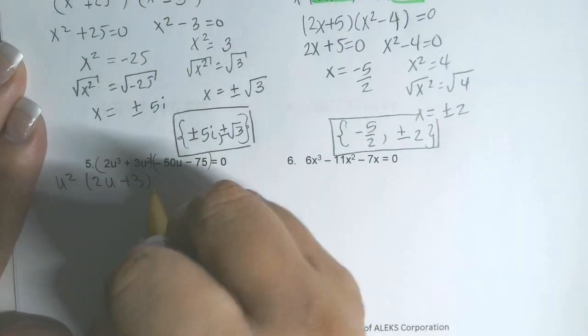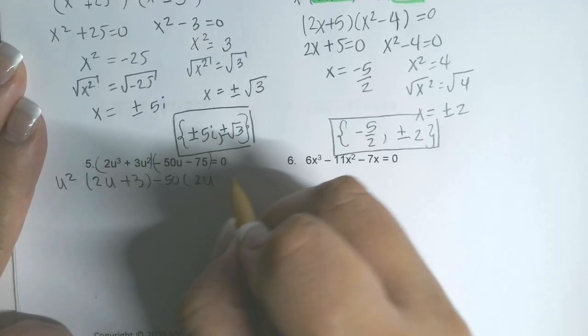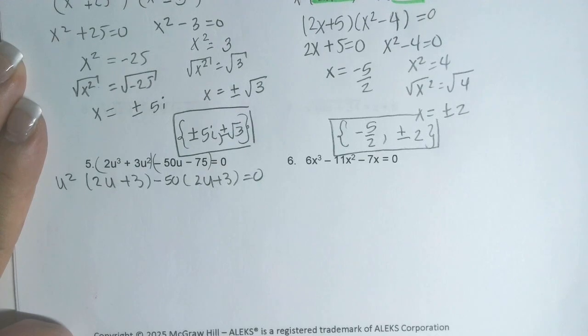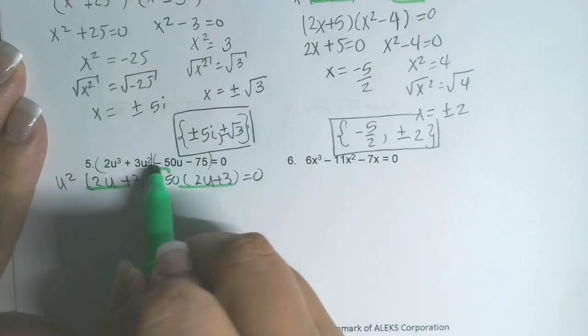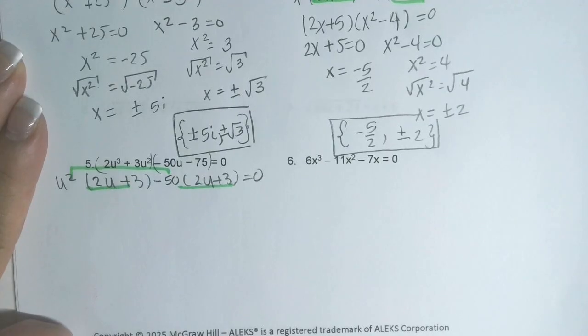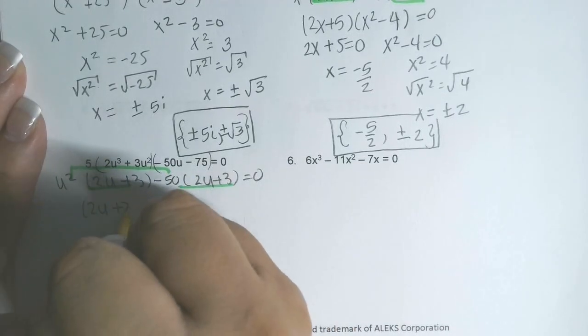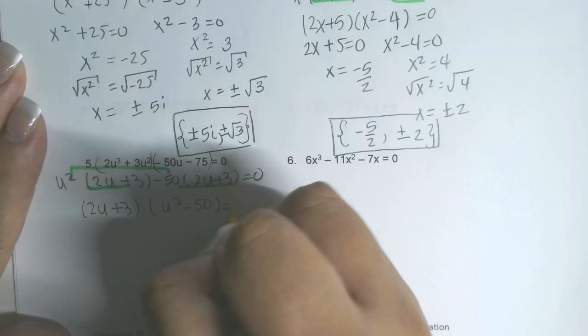In the second group, I'm taking out negative 50, so I'm left with 2u plus 3. Again, they look the same, so they go together. That means I'm doing something right, and whatever's left over makes a new factor group. So I'm left with 2u plus 3 and then u squared minus 50 equals 0.